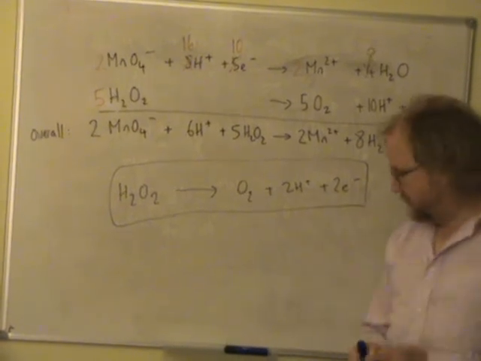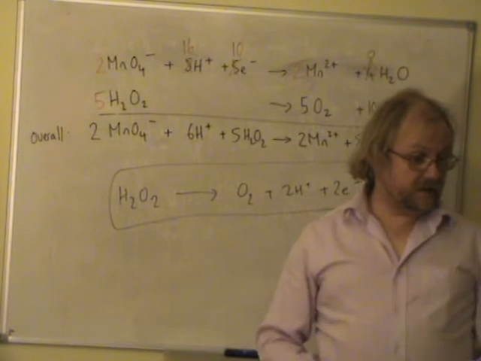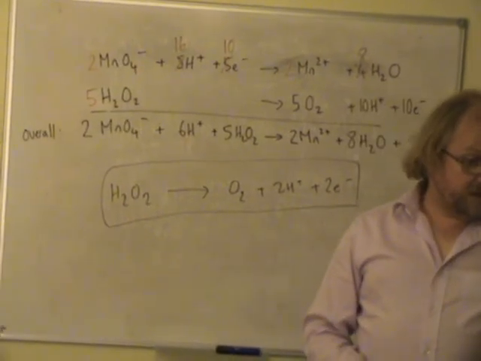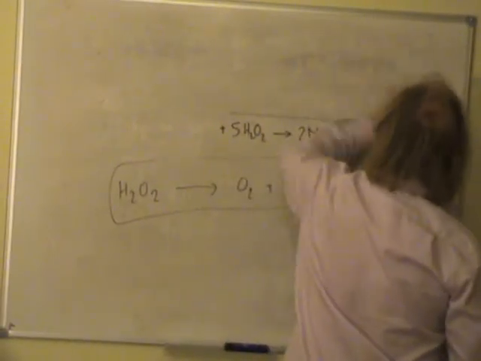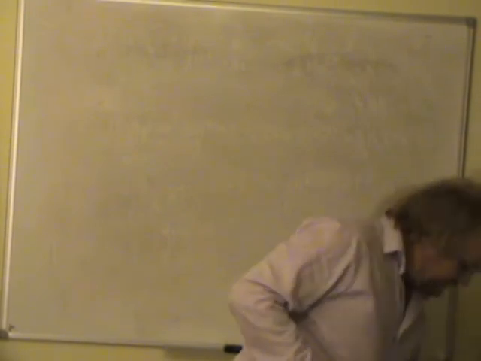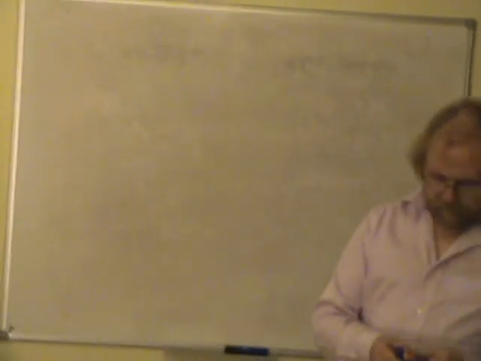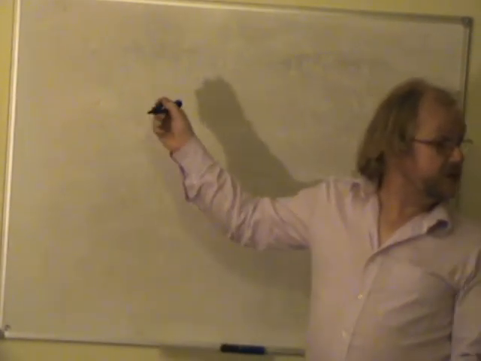Okay, now the second part is a fairly standard titration calculation, but just with some extra bits and pieces thrown on the end of it. So let's see how that works. Let's just restore our overall reaction equation, because we're going to need that.